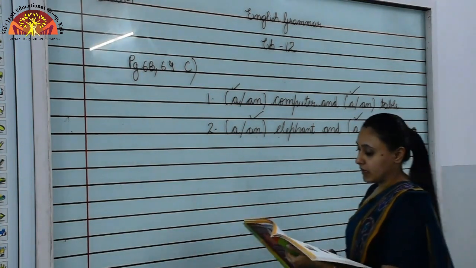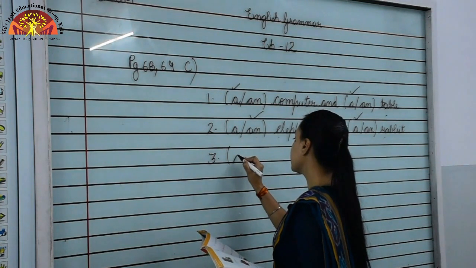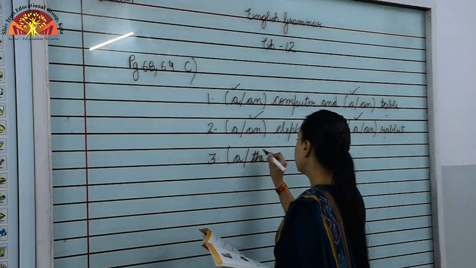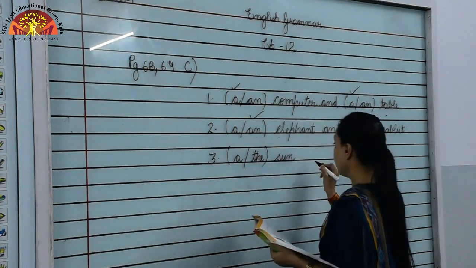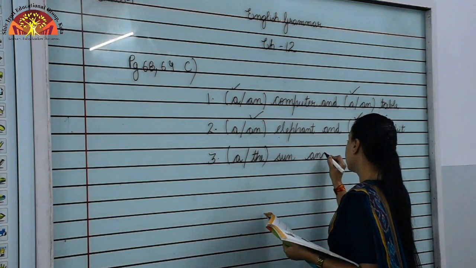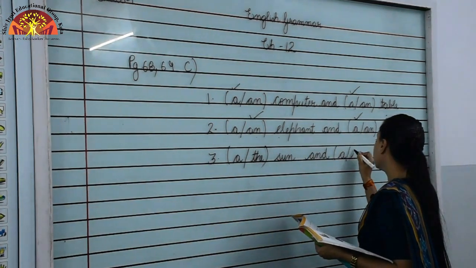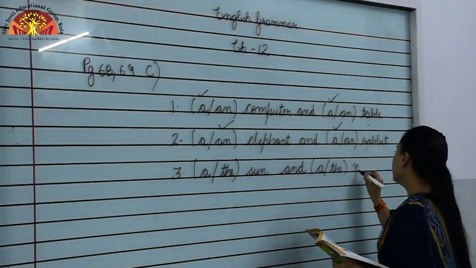Okay. Now, number 3. Options given to you are a or the, sun and, options a, the, moon.